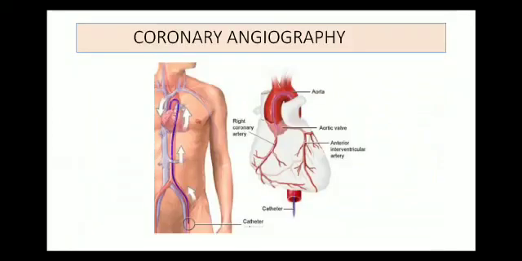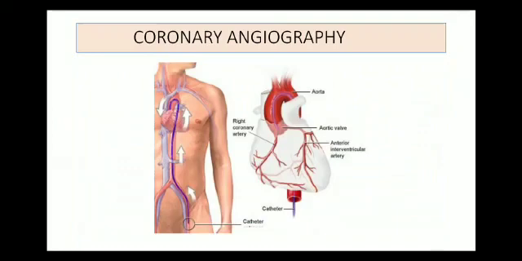So what do you do in coronary angiography? The patient is given a mild sedative to help him relax. Then an area of the body, maybe the arm or generally the groin, in this case the groin, is cleaned and numbed by a local anesthetic. Then you pass a catheter from this groin area up into the heart.